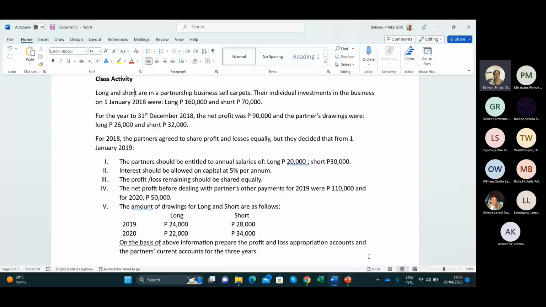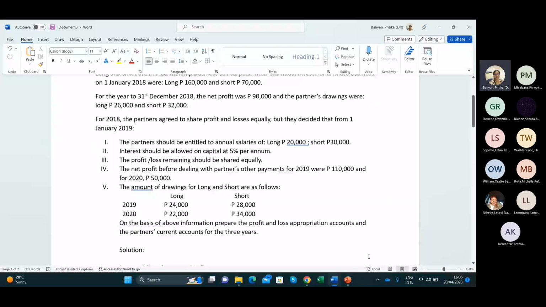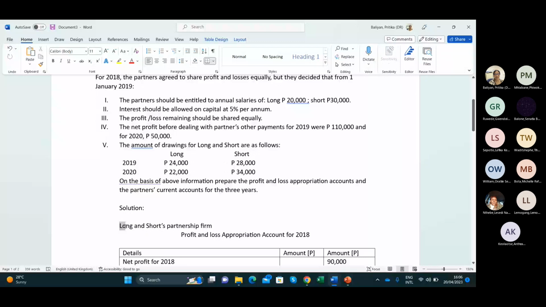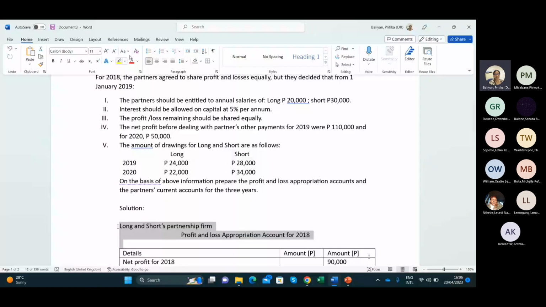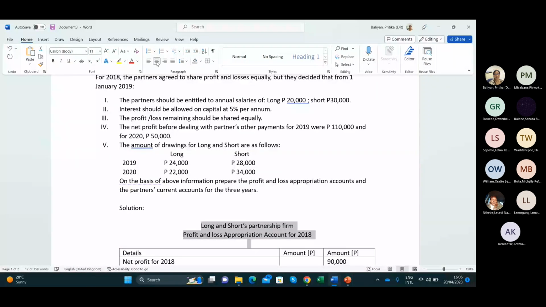So we start with the partners. We'll make Long and Short partnership firm and prepare for 2018.